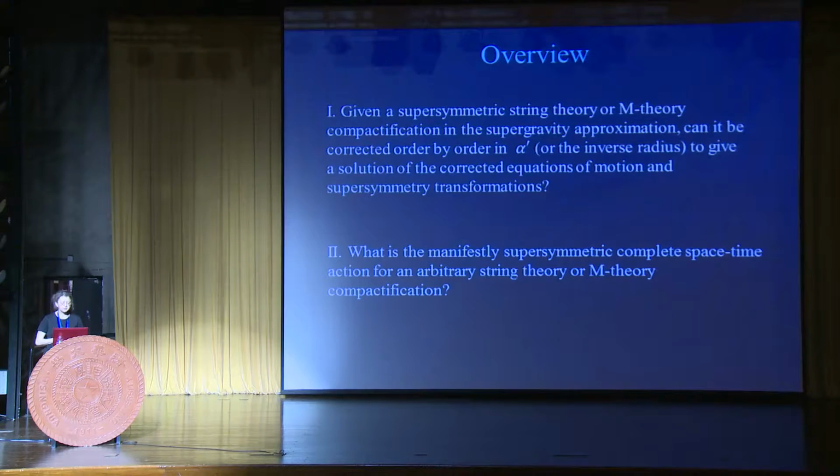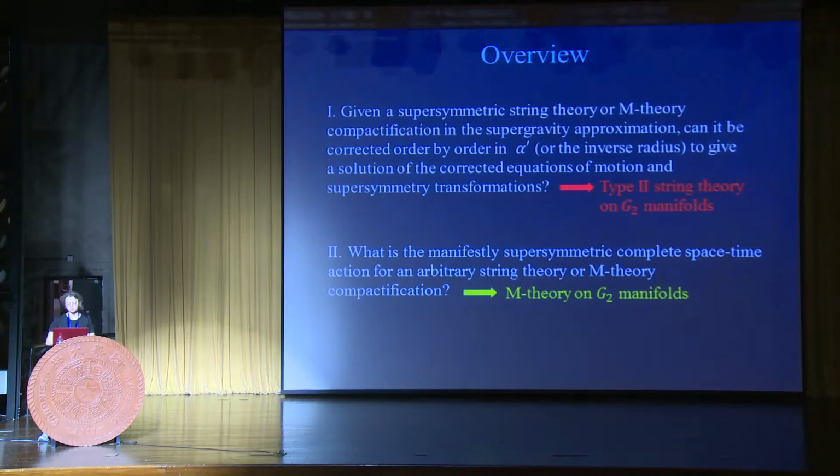Now, so far what I've said is very general, and to be more concrete, I will be focusing in the first part of the talk on type 2 string theory compactified on G2 manifolds, and in the second part of the talk on M theory compactified on G2 manifolds. Now, there is nothing inherently special about G2 manifolds except simplicity.